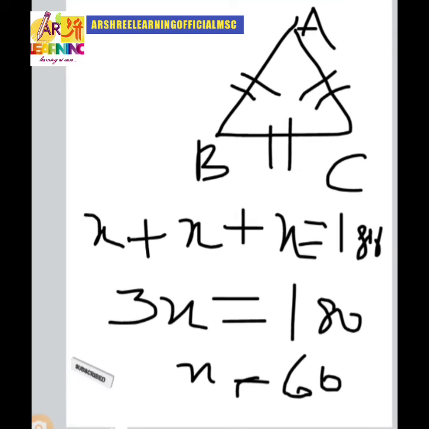So the value of one angle becomes 60. So if there is an equilateral triangle given, and one angle is 60, all the three will be 60. So it is easy to solve. That is why if you see, the questions are more of isosceles triangle, because in equilateral we know that all the three angles will be equal. How do you know that the three angles are equal? We will see that the three sides are equal.